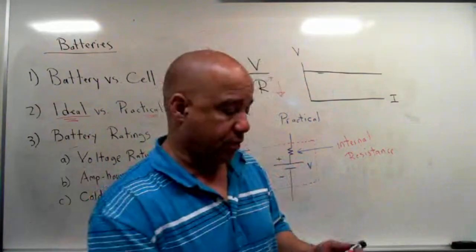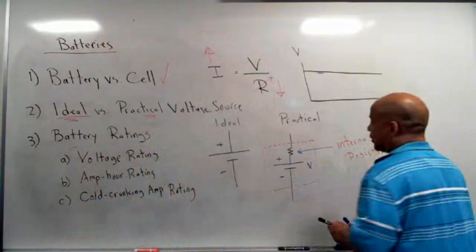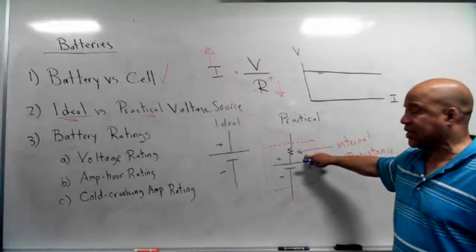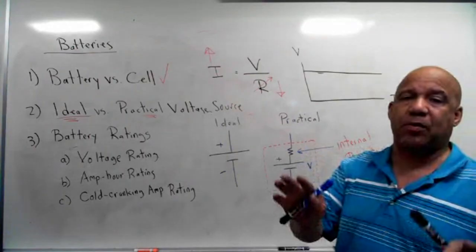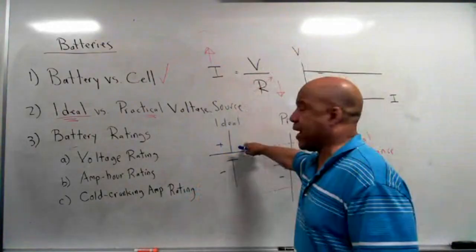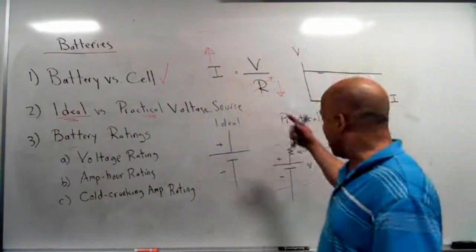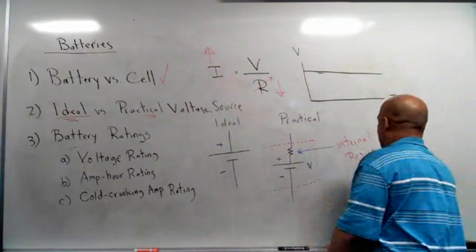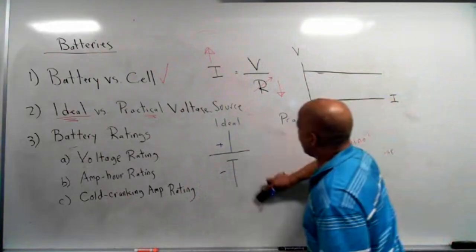So let me show you. You'll understand this. Real batteries have an internal resistance, a really low internal resistance. So I want to do two circuit analysis problems, one this way with an ideal source and one with an actual voltage source. So let's do it. Let's use this one first. So let's say I want to solve this circuit.